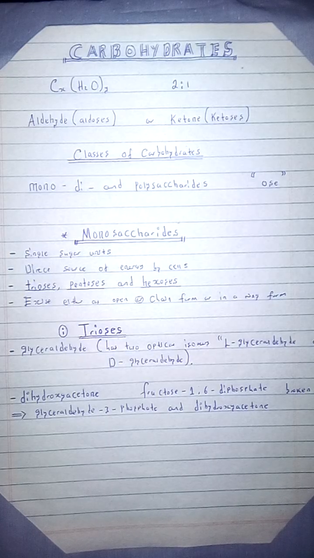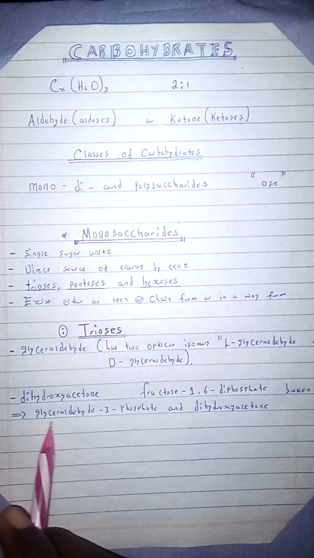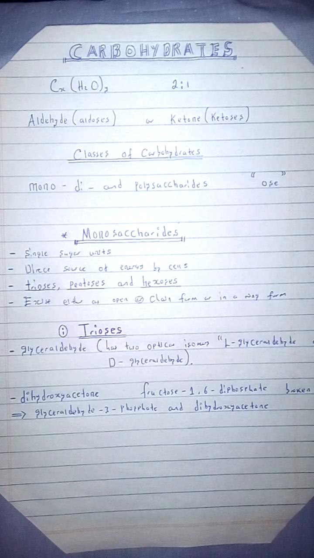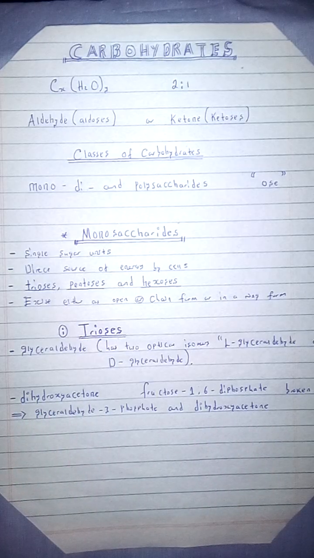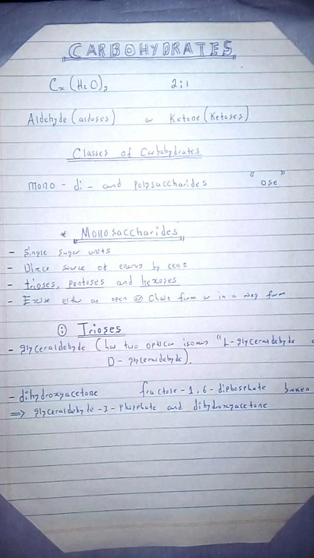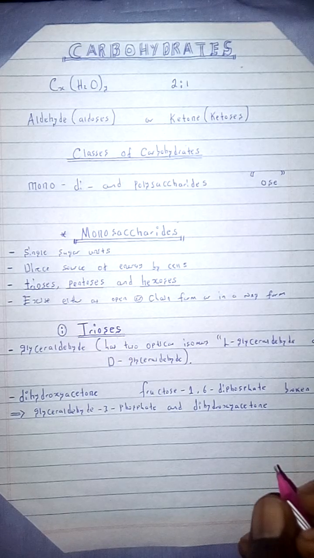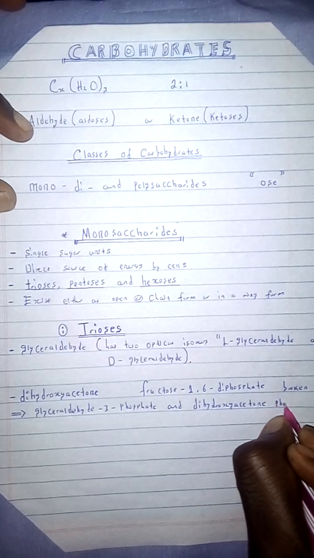This dihydroxyacetone is called dihydroxyacetone phosphate, which is produced during glycolysis.